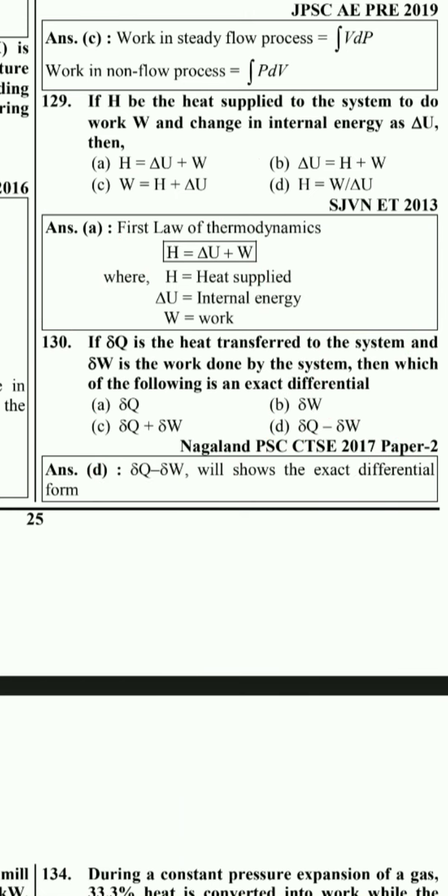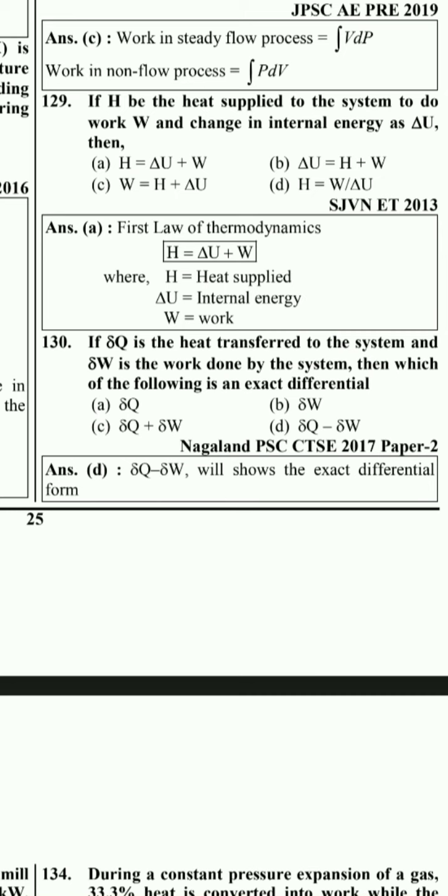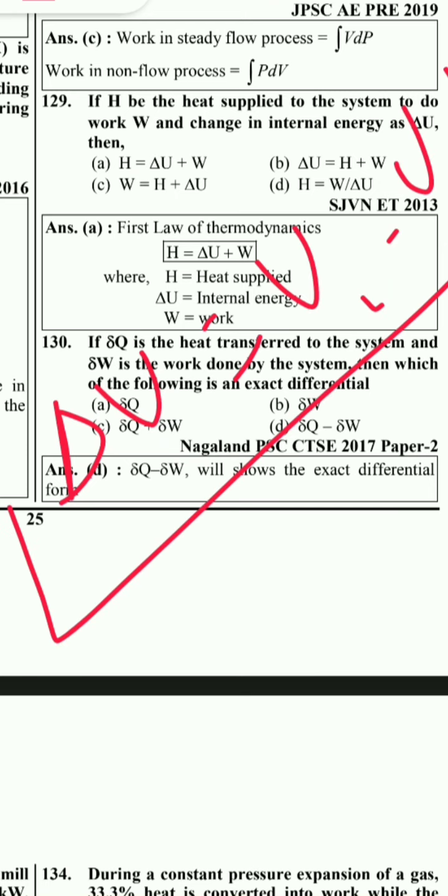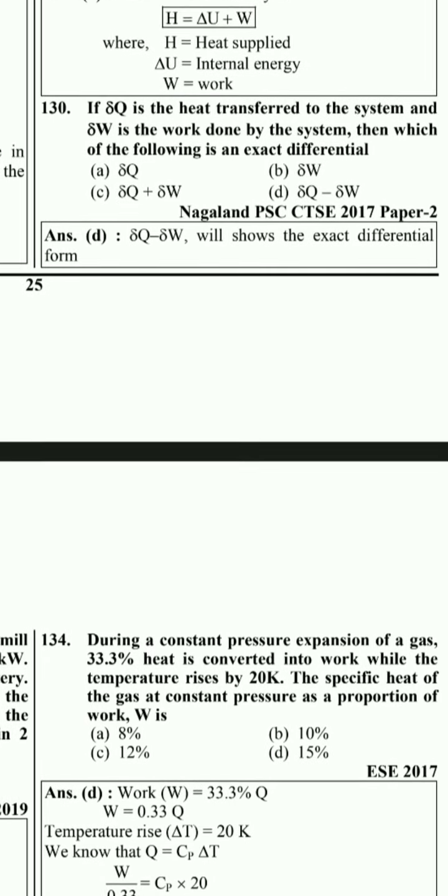But lastly, del Q minus del W, from the first law of thermodynamics, is equal to delta U. So it gives us a property of a system, that is, internal energy is a property of a system. So delta U can be written as U2 minus U1, and that is the exact differential. So option D will be the right answer for question number 130.